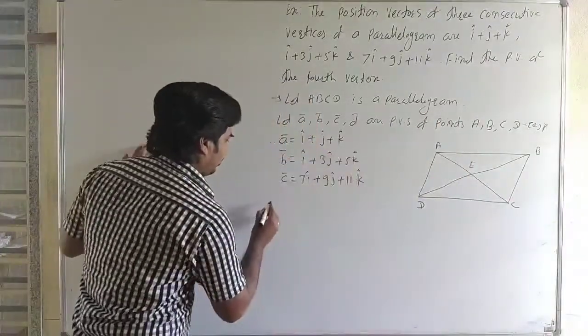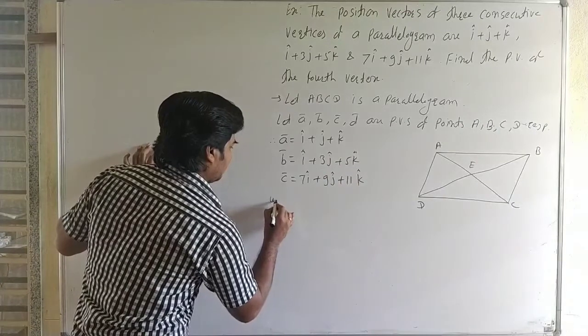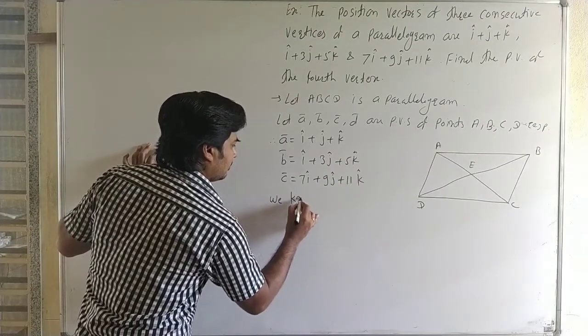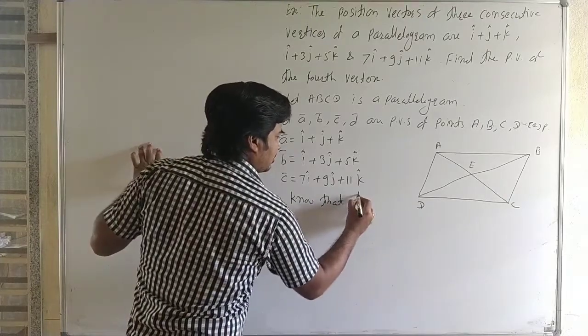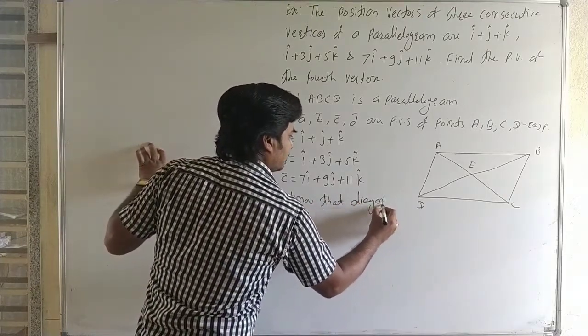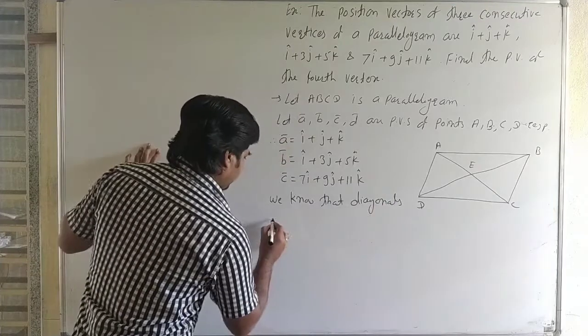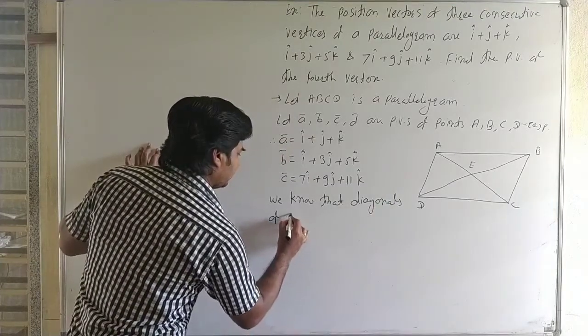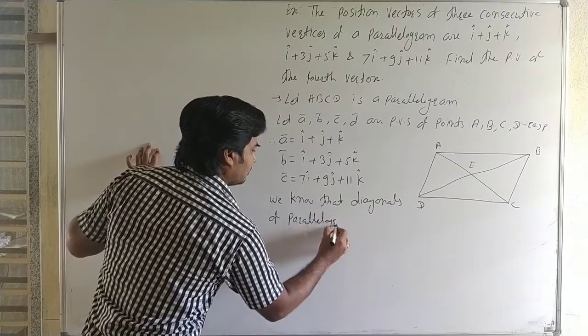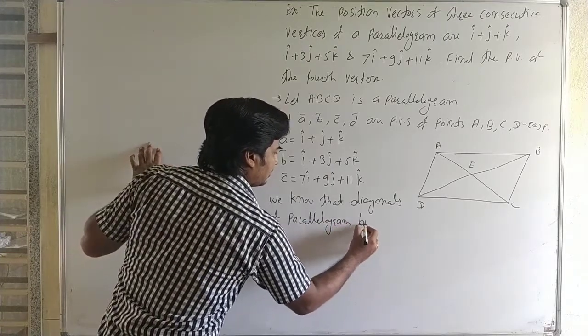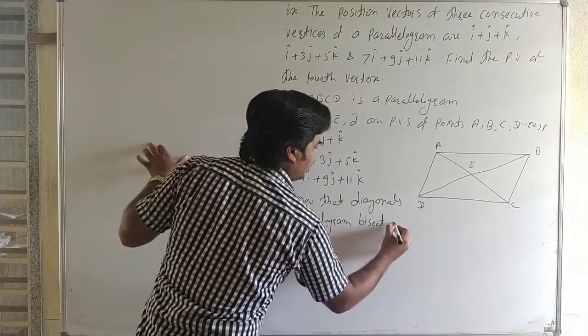Here we know the property of a parallelogram: the diagonals of a parallelogram bisect each other.